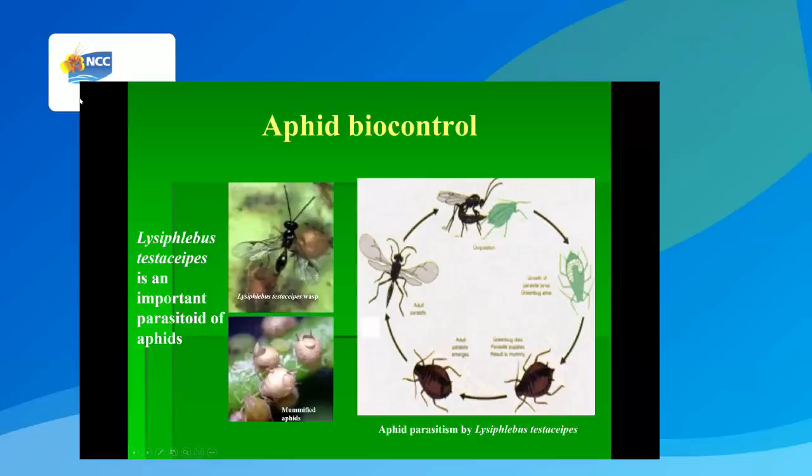You see it like tiny beige, brownish balls on the plants. And you will see that in the bottom left photo, those mummified aphids there. And you will see that two of them have tiny openings with a flap. That is where the adult wasp has emerged after killing the aphid, again, to mate and start the cycle going all over again. Totally biological, totally out there in the environment doing its work. Completely organic. Next slide, please.